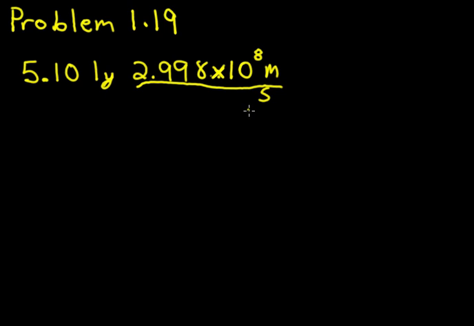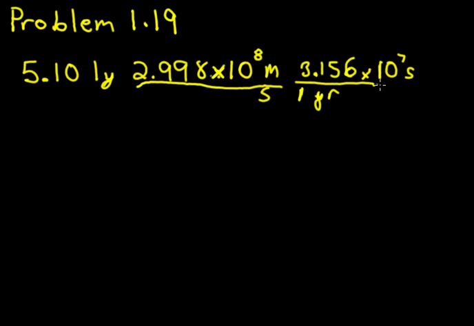I need to get rid of this year somehow. So 1 year is 3.156 times 10 to the 7th seconds.